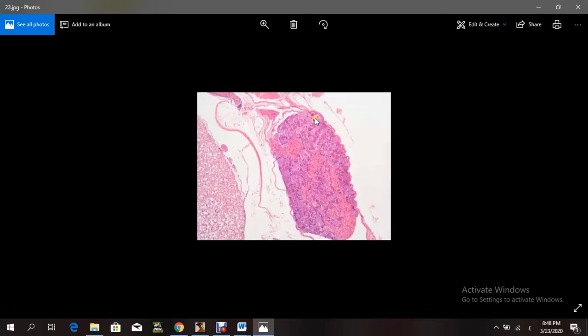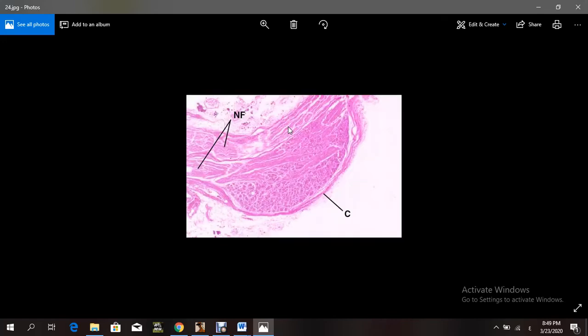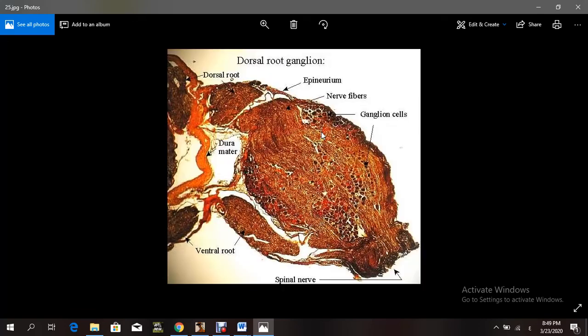At higher magnification, this is the dorsal root ganglia, and those rounded structures represent the neuronal cell bodies or perikaryon of the neurons. Typically in dorsal root ganglia, neuronal cell bodies are in groups within the ganglia. Some parts have no neuronal cell bodies, but they aggregate in groups on parts of the ganglia. Remember that in autonomic ganglia, those neuronal cell bodies are usually fairly distributed all through the ganglia.